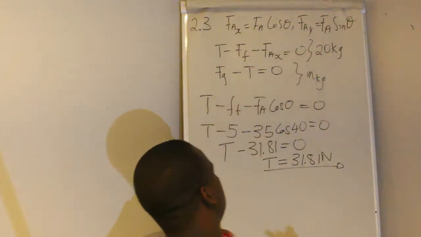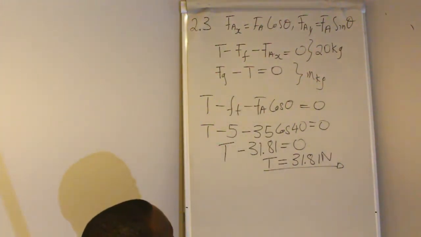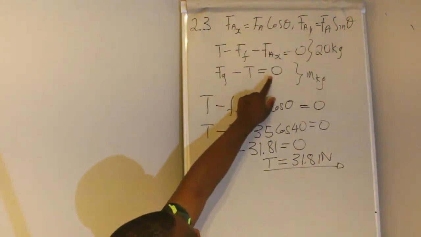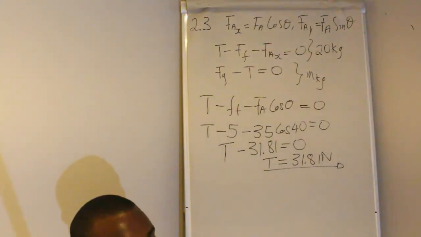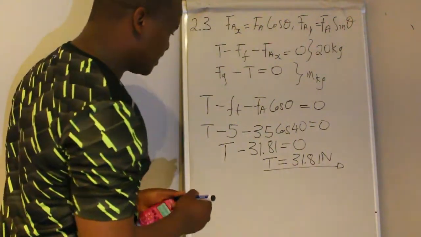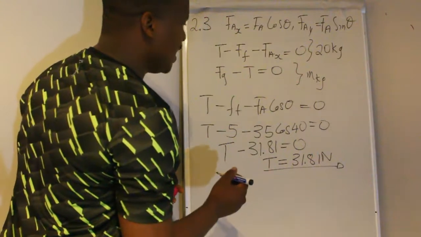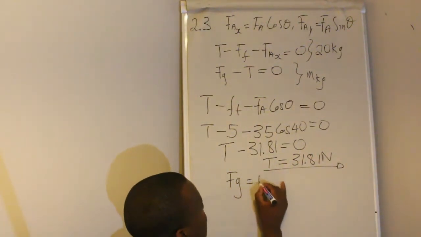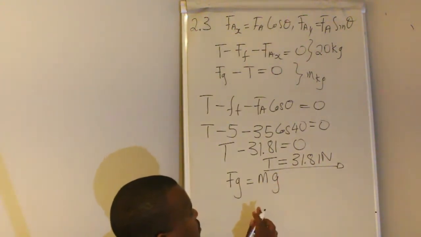Now you go to your second equation. In the second equation, you have Fg minus T is equal to 0. Fg is the force of gravity. To calculate the force of gravity, it's simple. Fg is equal to the mass times gravity, which is 9,8.